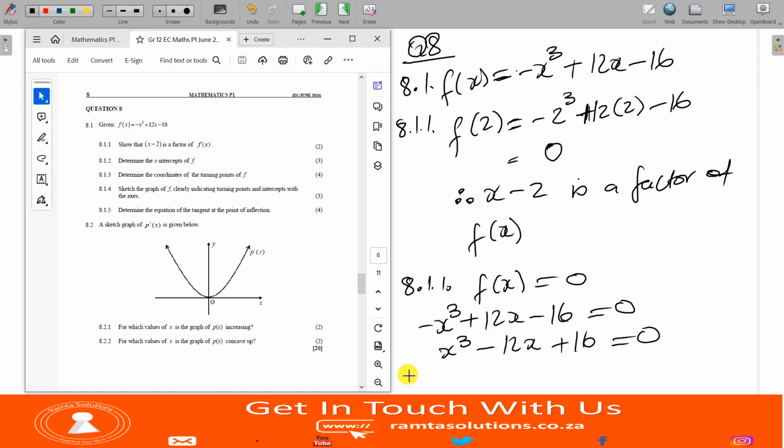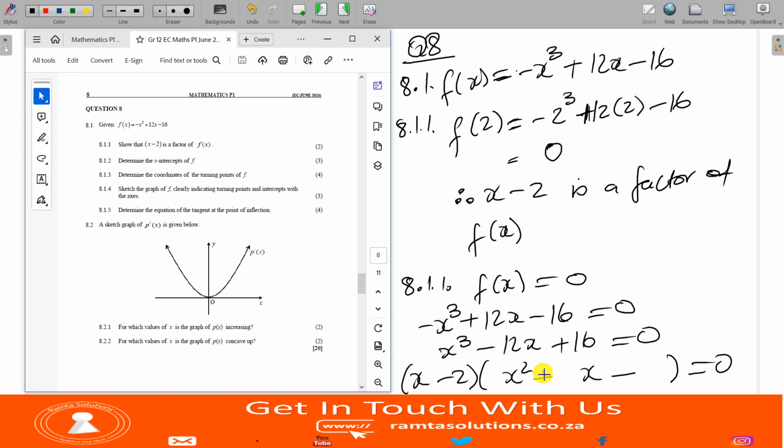Now we found a factor which was x minus 2. So I'm going to say x minus 2 in brackets, then leave space for x squared, x, and the constant, equals 0. x cubed divided by x is x squared. As you can see, we don't have an x squared term, so already you have negative 2x squared.